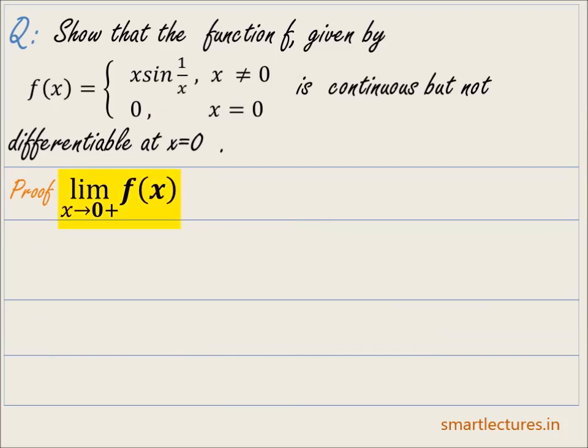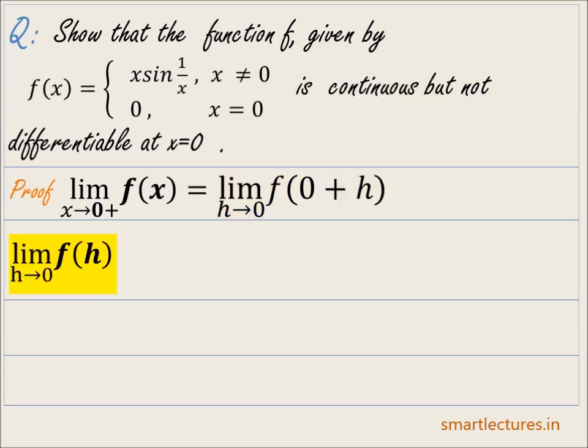And what is its right hand limit? Now right hand limit is equal to limit x approaches 0 from the right hand side f of x, which again can be also written as limit h approaches 0 f of 0 plus h, which is equal to limit h approaches 0 f of h. And when x is not equal to 0, then f of x is equal to x into sine of 1 upon x.